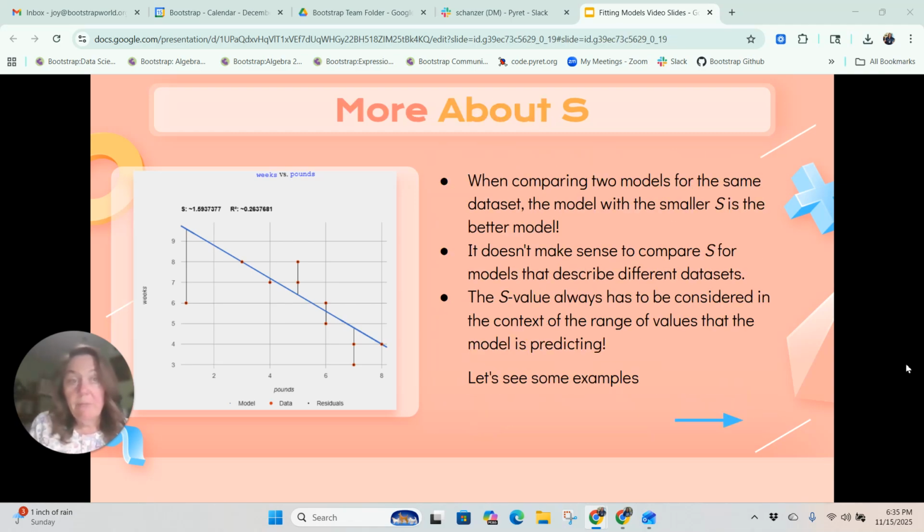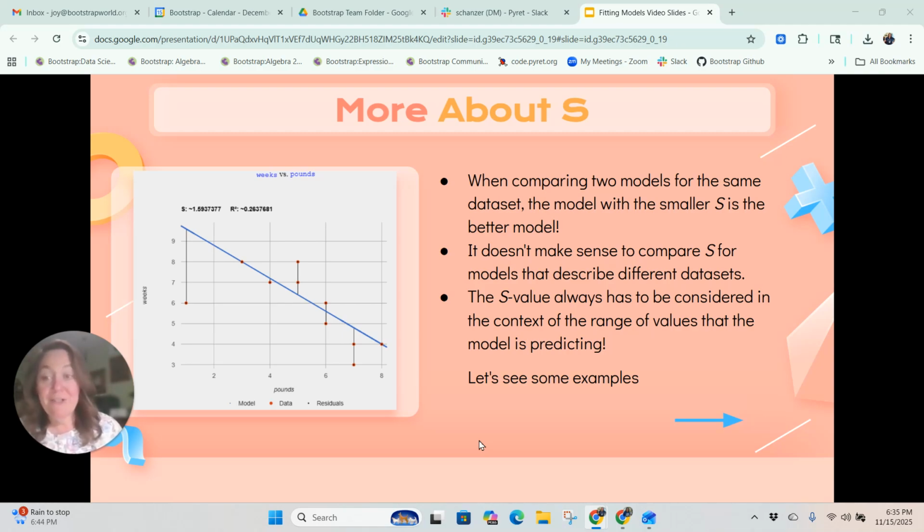A couple of things to remember: when you're comparing two models of the same data set, then of course the smaller S would be the better model, and that's how we're going to come back to Joe and Sai, see who had the smaller S, and we can say who was better at predicting and coming up with a better fit for predicting. However, we want to be careful that we are not comparing S values for models of different data sets.